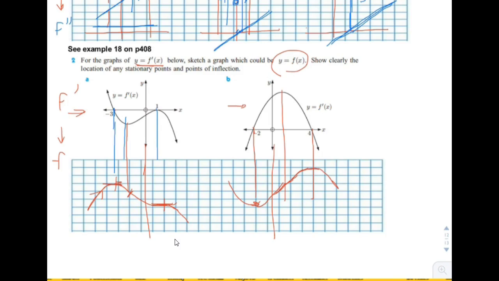So it looks kind of like that. Okay? And so here are the stationary points, and here is the inflection point. That's it for the last page.